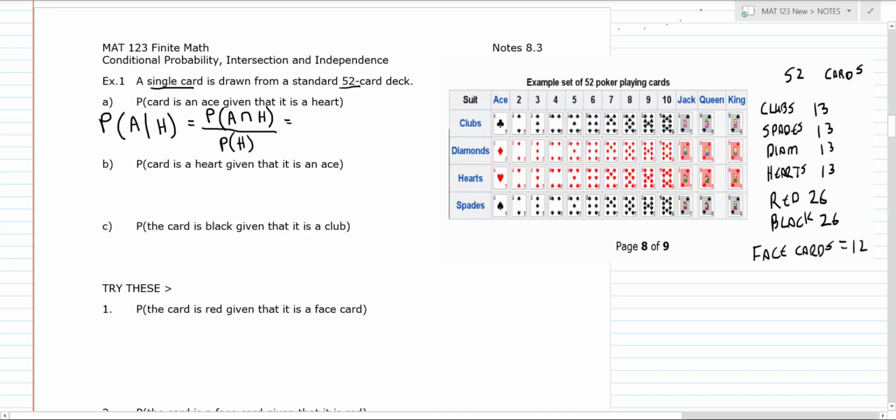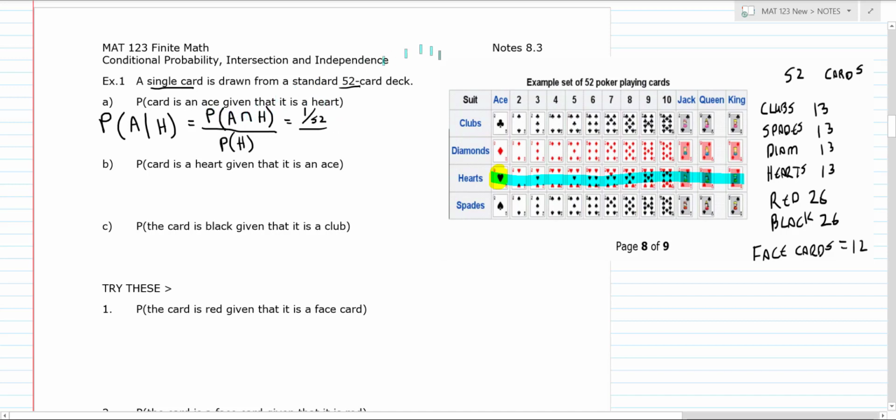Okay, how many cards are ace of hearts? Well, there's only one. That would be the card that is an ace and a heart at the same time. So that would be a 1 out of 52 probability. The probability of getting a heart would be this right here. There's 13 hearts in a deck. You don't worry about the intersection or anything.